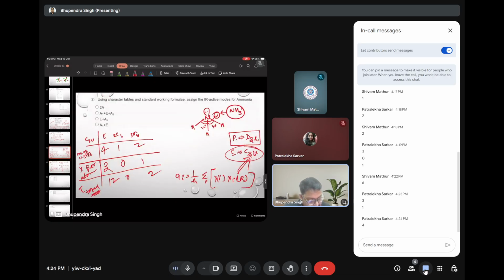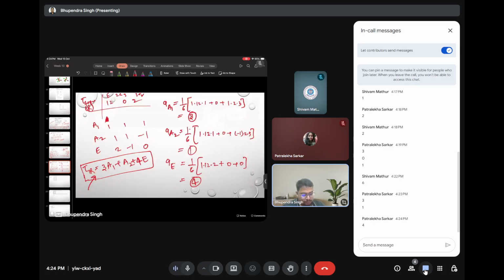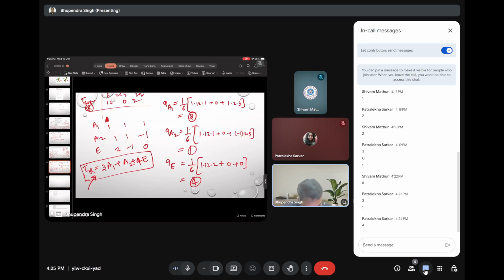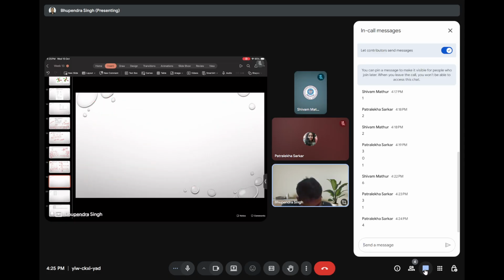The question asks us to assign the IR active modes of ammonia. So this is the total irreducible representation: 3A1, A2, 4E.